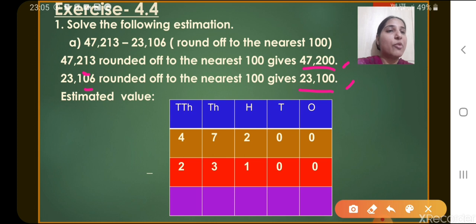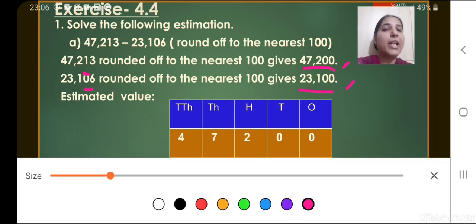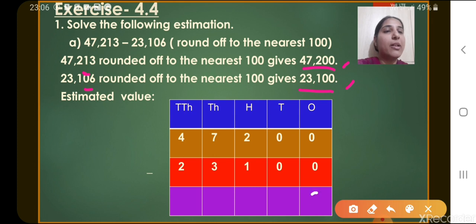So let's start subtracting. So from where we will start, children? Yes, from the ones column, from the ones place. So 0 minus 0, what we will get, children? We will get 0 here. Now look at the tens column. Again 0 minus 0, we will get 0 only. Now look at the hundreds column. So 2 minus 1, what we will get? 1 only.